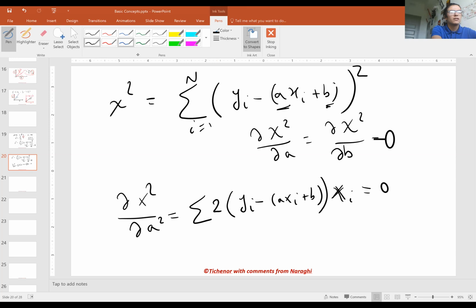This 2 can go out of the summation, so it's 2 times the sum of xi yi, minus a times the sum of xi squared, since a is a constant and comes out of the summation. And b is also a constant, so minus b times the sum of xi is 0.